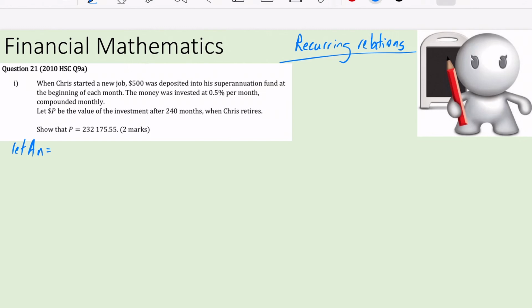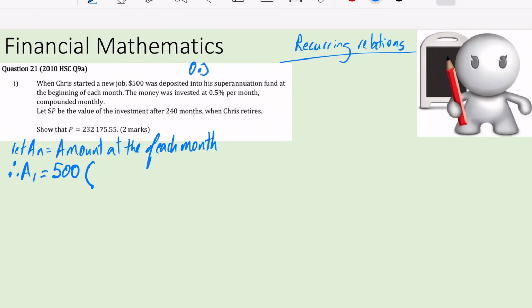Let A_n equal the amount at the end of each month. So A1, the amount at the end of the first month: his deposit is $500, and he's going to be getting 0.5%. Now, 0.5% equals 0.005.